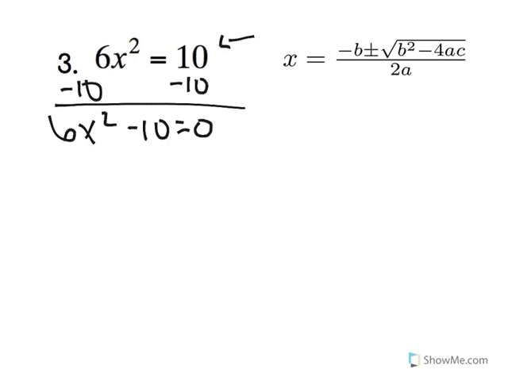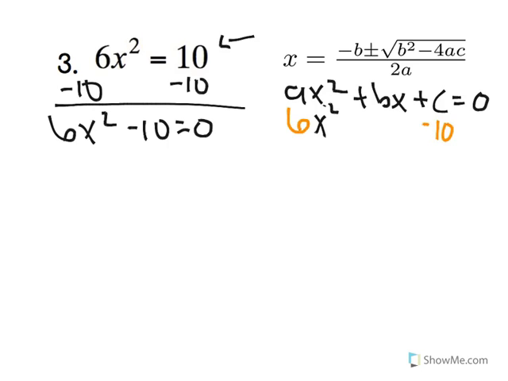So our general form for a quadratic equation is ax squared plus bx plus c equals 0. In this equation we have a 6 for a and a negative 10 for, excuse me, for c.